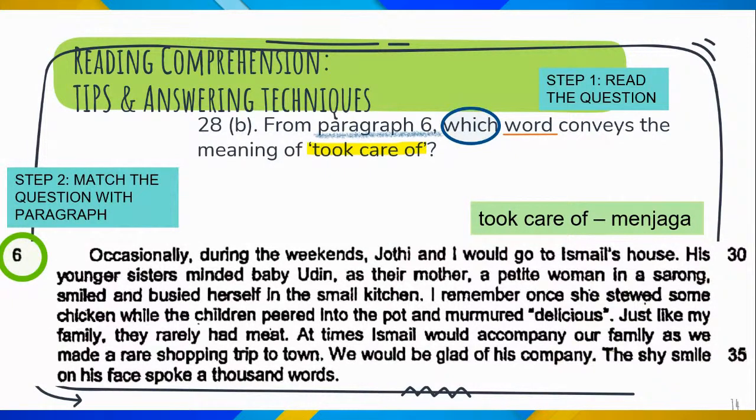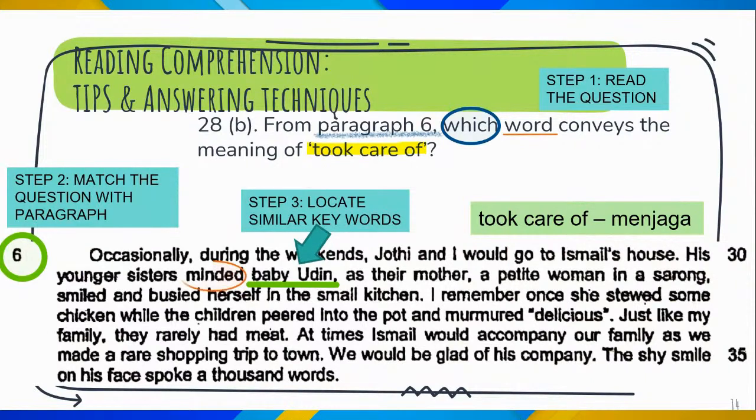It's either pets, binatang kesayangan, or it could be a baby. In this case, it's baby Udin. If you look at the sentence, his younger sisters minded baby Udin. So took care of here means minded. So the answer will be minded.